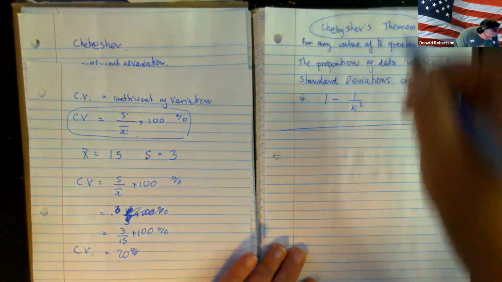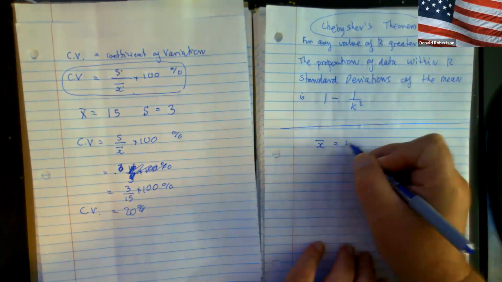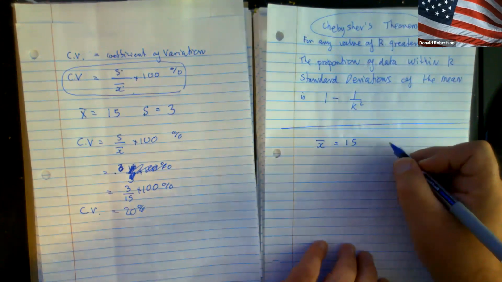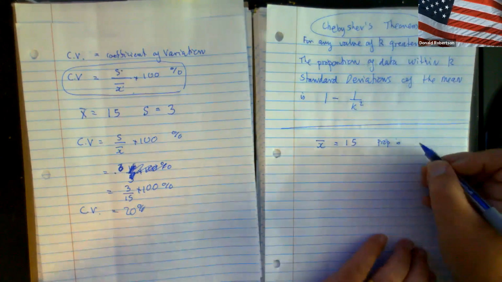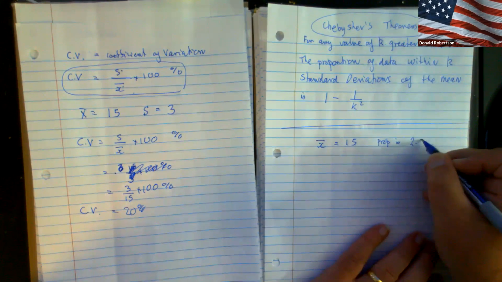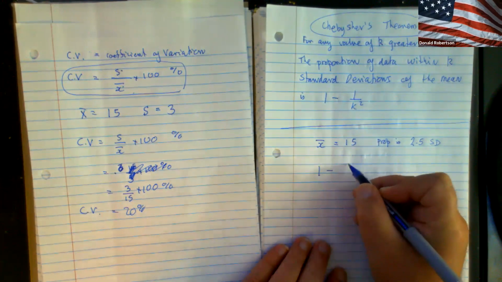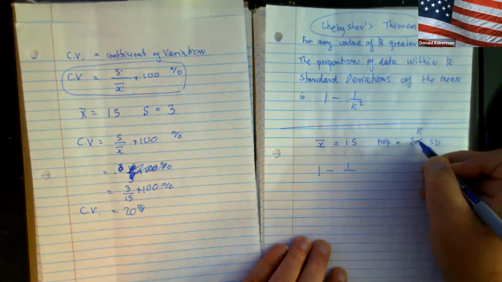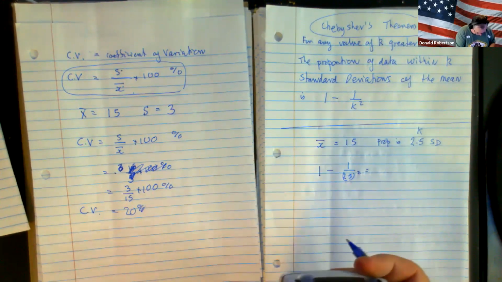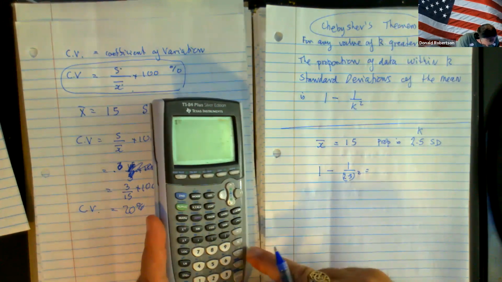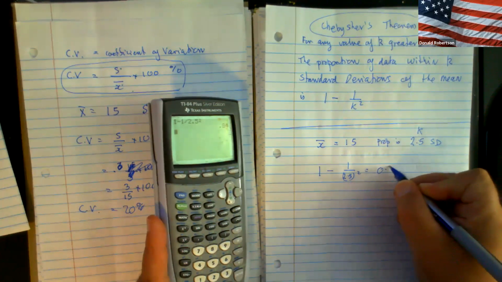So let's use this story. Suppose I know that the mean is 15, and I would like to know what proportion of the data is within 2.5 standard deviations. Then it's 1 take away 1 over k squared, where k is 2.5. And on my calculator, 1 take away 1 divided by 2.5 squared ends up being 0.84.